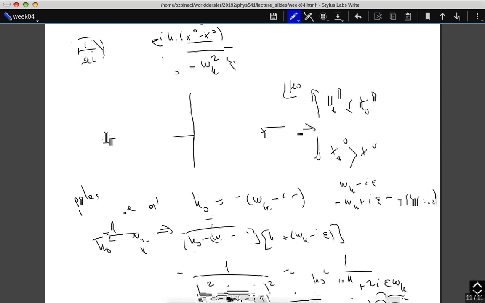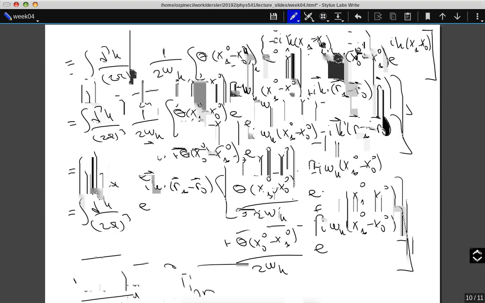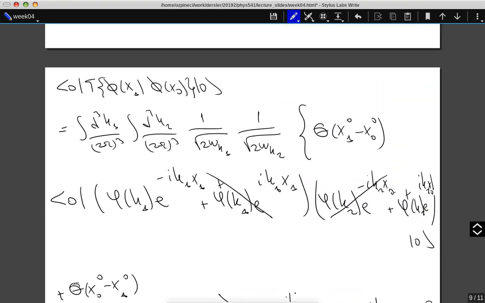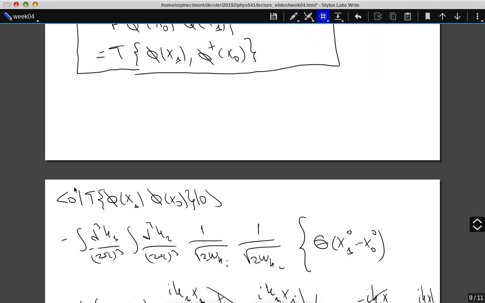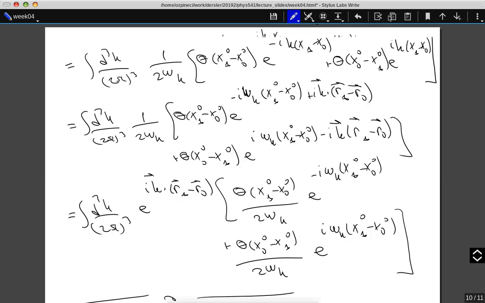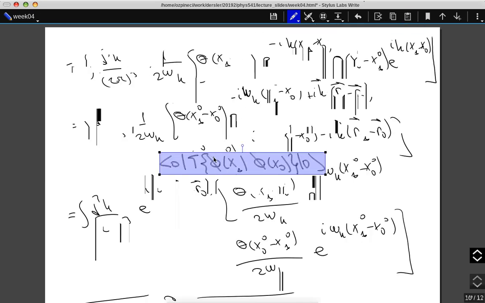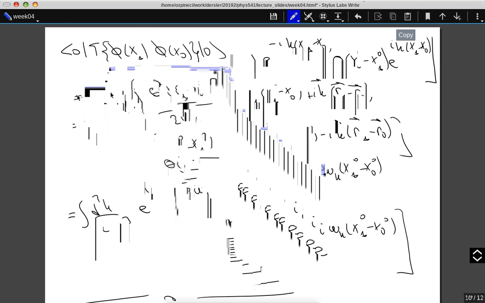Okay, so let's go back. Now we were interested in this expression over here. This was equal to d cubed k divided by 2 pi cubed. You see, we had obtained this result over here: e to the power i k (r1 minus r0).